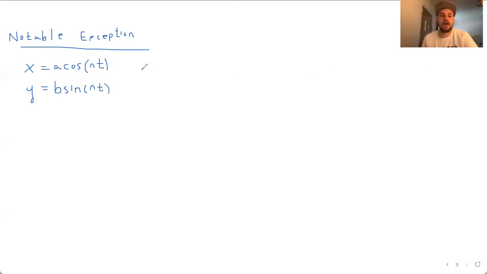I'm not going to write it down. Usually when it's sine and cosine, it's something periodic, like from 0 to 2 pi, or from -pi to pi, or something like this.